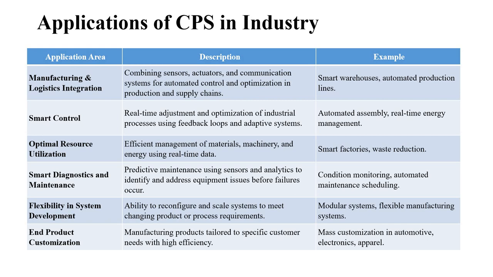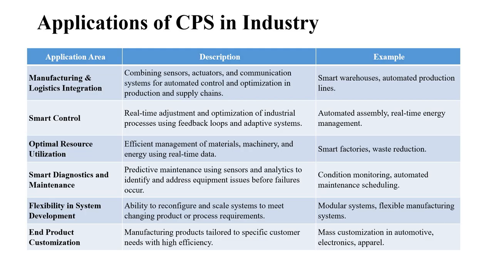Then you have flexibility in the system development. So here it refers to the ability of the CPS to adapt to changing industrial needs, and this flexibility allows the manufacturers to easily modify the systems and workflows in order to accommodate new products, processes or changes in the production requirements.